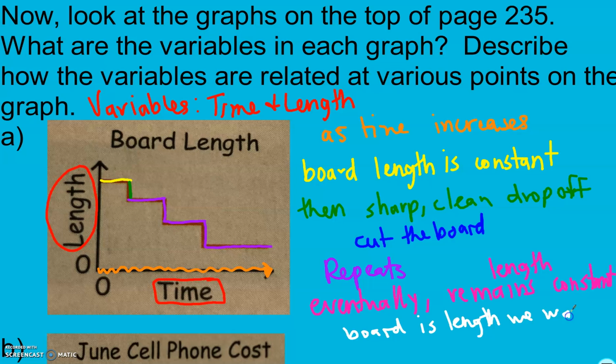So here, it's a pattern as well. So as time goes on, we have a board of constant length, and then all of a sudden, there's a sharp, clean drop-off. So we cut the board. Then it goes on, sharp, clean drop-off. Goes on, sharp, clean drop-off. And then that length remains the same, and that's because the board is finally the length we want it.